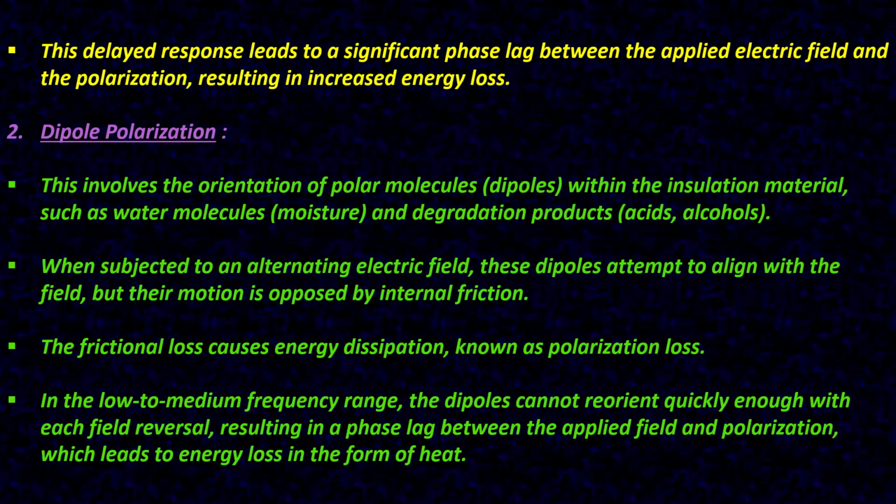Number two, dipole polarization. Dipole polarization involves the orientation of polar molecules, that is dipoles, within the insulation material, such as water molecules, moisture, and degradation products like acids, alcohols, etc. When subjected to an alternating electric field, these dipoles attempt to align with the field, but their motion is opposed by internal friction.